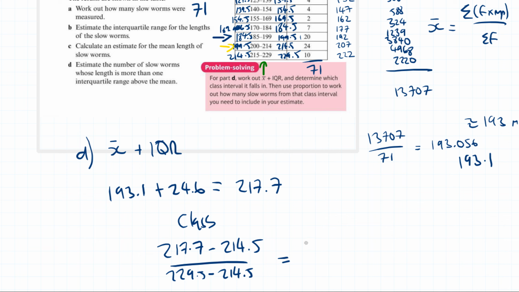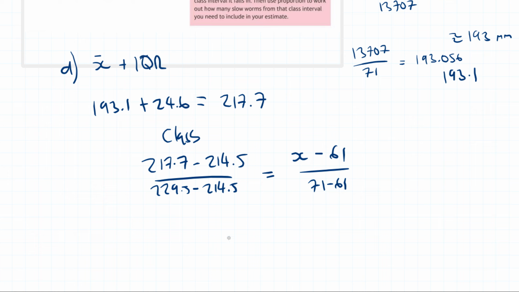Here we're interested in the frequency, so we're going to say the frequency x minus the cumulative frequency up until that point, which is 61, divided by 71 minus 61. From here we're going to find the value of x.